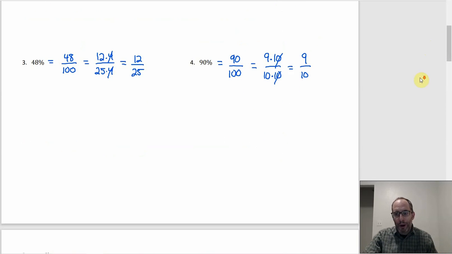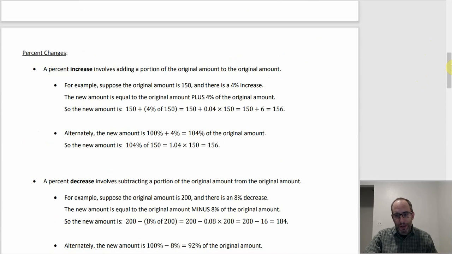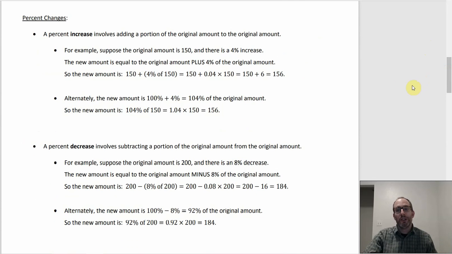Now, the bulk of what this section is about is percent changes, so increases and decreases. In both cases, the idea is that you have to take a portion of the original amount and then either add or subtract it in relation to the original amount. So you're going to add if it's an increase, subtract if it's a decrease.